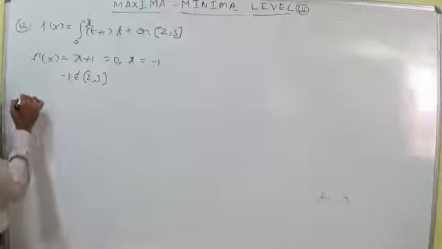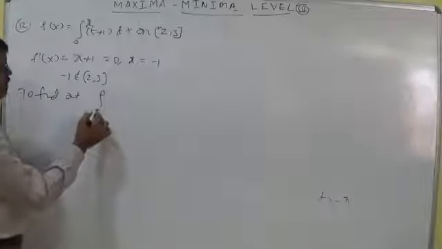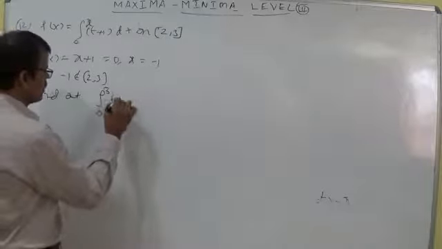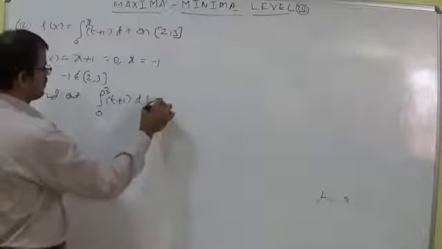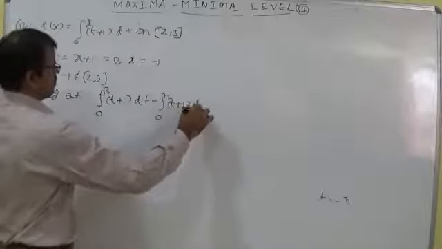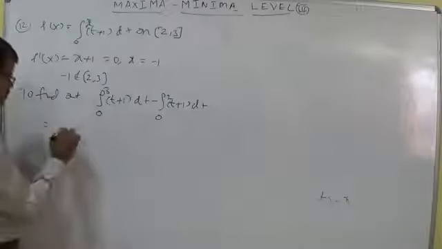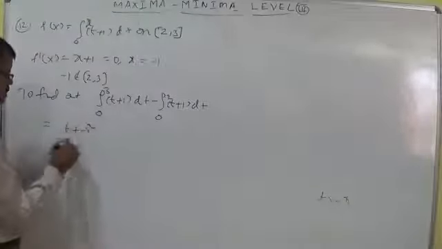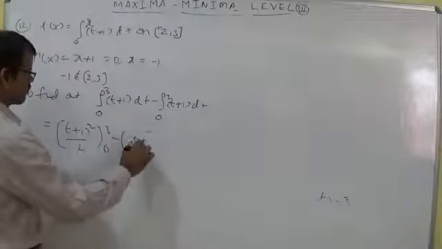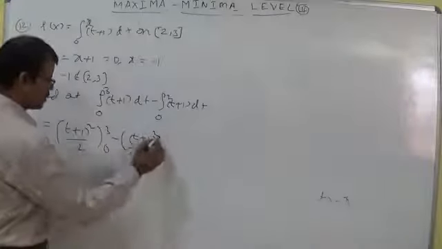Now, to find the difference between the min and max value, I am writing: 0 is the lower limit and 3 is the upper limit. Integral of t plus 1 dt from 0 to 3 minus integral of t plus 1 dt from 0 to 2. Using integration, t plus 1 whole square by 2 within the limits 0 to 3, minus t plus 1 whole square by 2 within the limits 0 to 2.